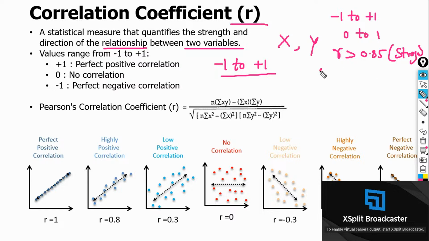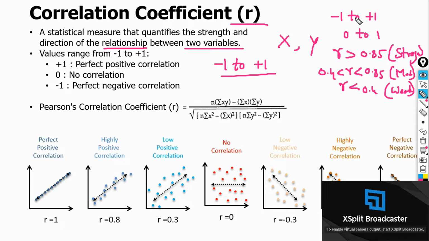R greater than 0.4 and less than 0.85 represents moderate. If r is less than 0.4, it represents weak.